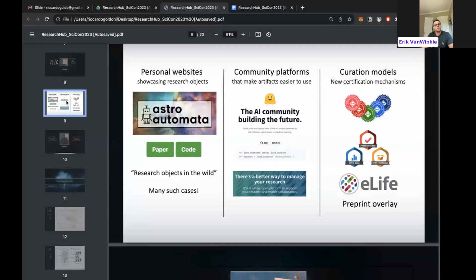There are a wide variety of research objects actually being created in the wild. One of the more prominent places that you see this is in the personal websites of individual researchers, where they will post the preprints from their work itself. They will post different iterations of the actual papers.